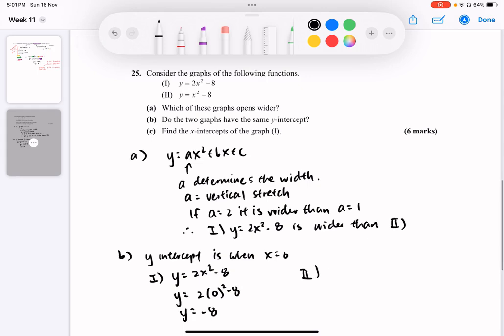And for the second one, same thing, 0 to the power of 2 minus 8, and that would be negative 8. Therefore, yes, same y-intercept.